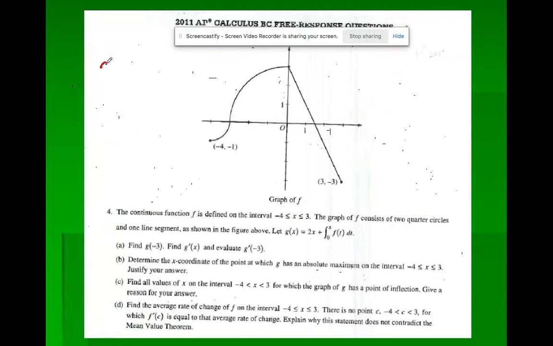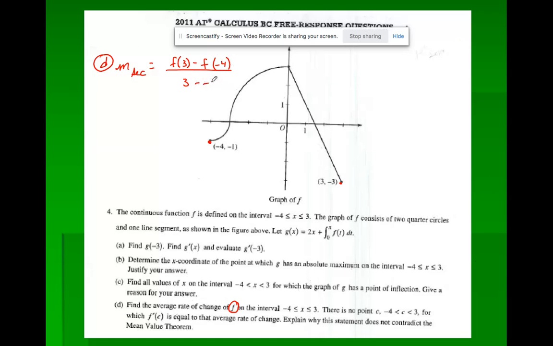First says find the average rate of change of f. That is not my accumulator function. That's the average rate of change of the graph I'm looking at. The average rate of change is the slope of a secant. The slope of the secant is little f, right?